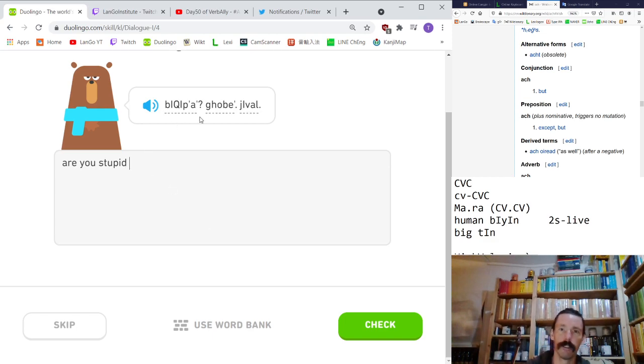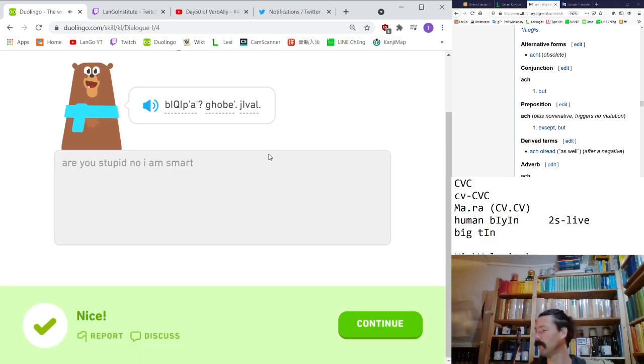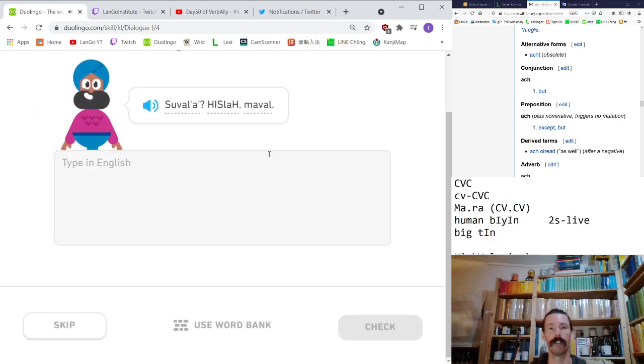This a is quite a common thing across many language families that I've seen, that you have a particle to signal a question. Robert is no. I val. I am smart. I determined that with my own brain. Shuval a. Chishlach maval. Shu, you plural. Are you smart?